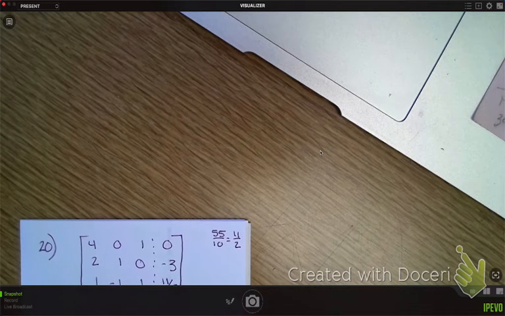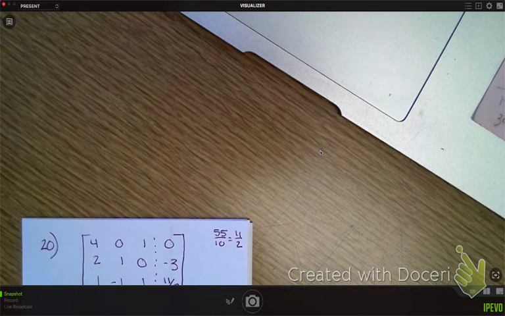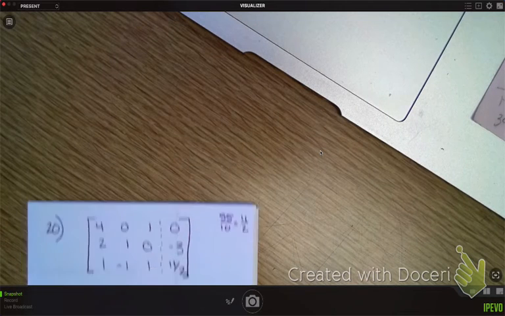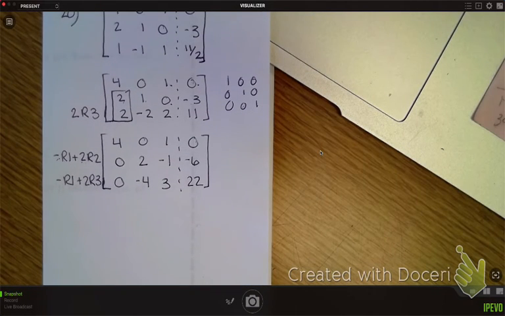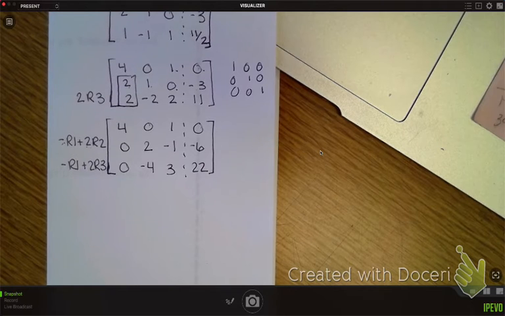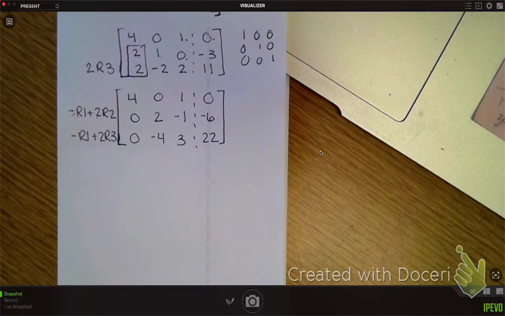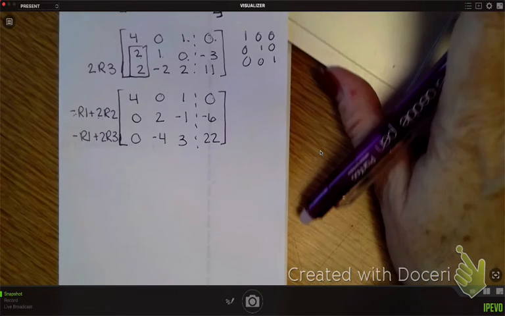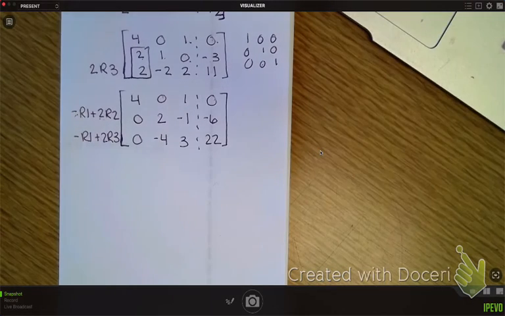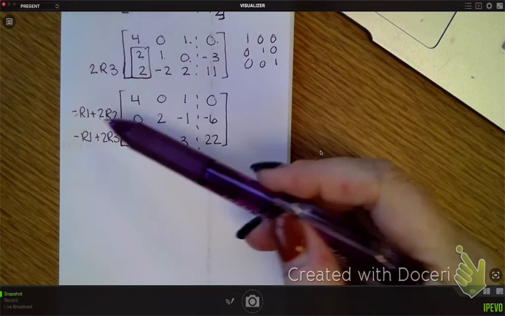We'll hopefully get the same answer, right? Did you get negative 4, 3, 22? Yes.